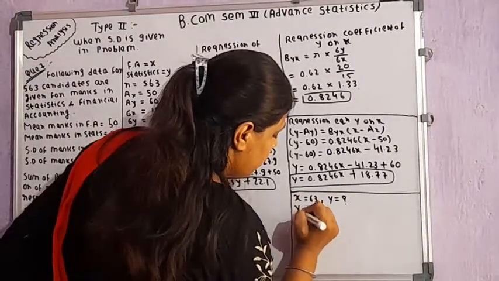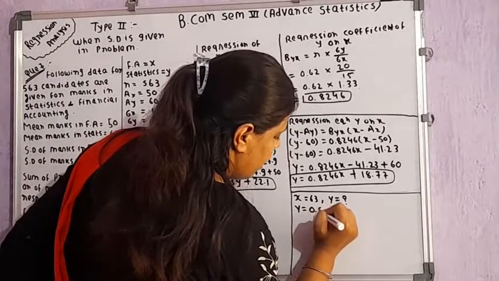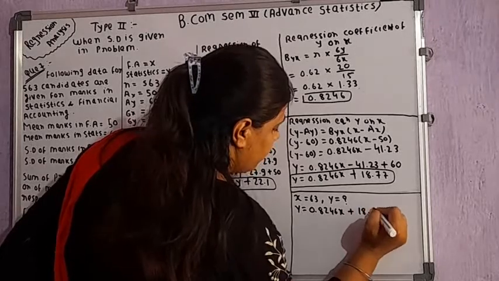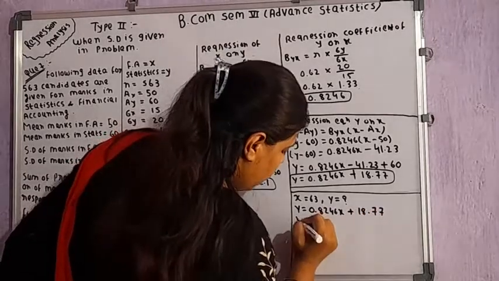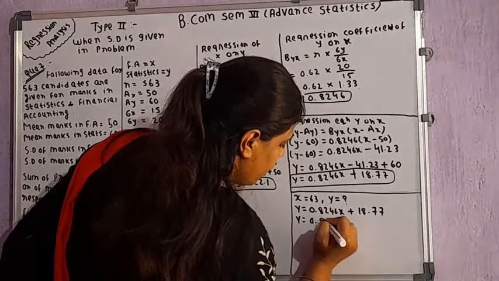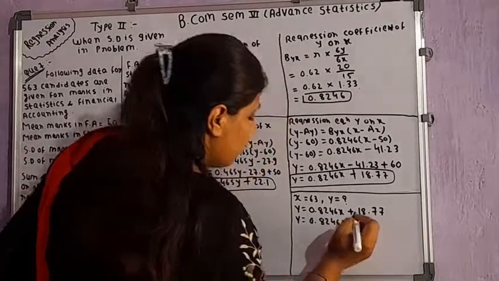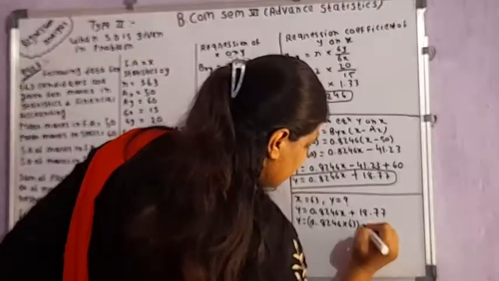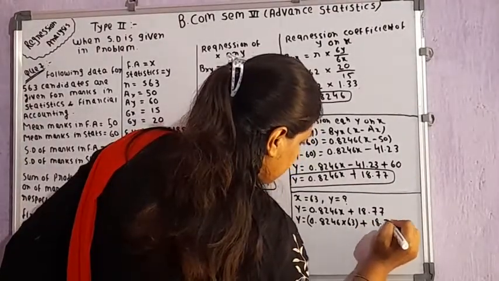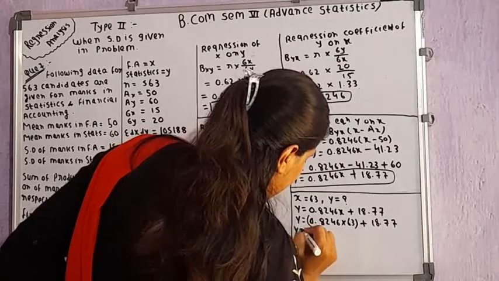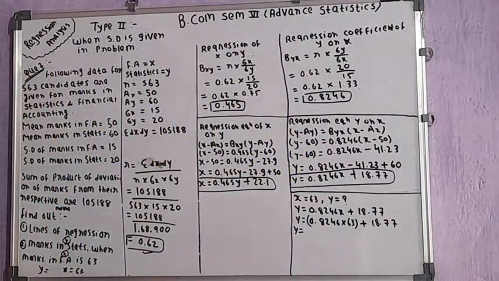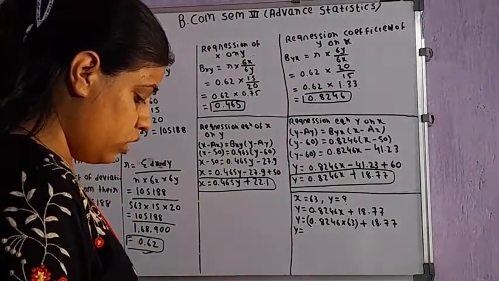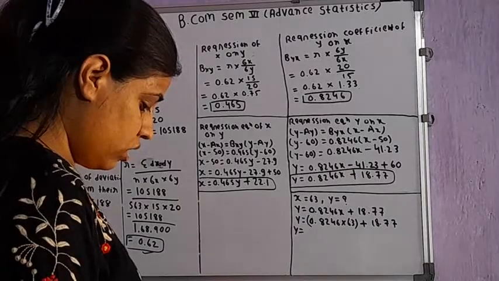So y is equal to 0.8246x plus 18.77. What is the value of x? 63. So instead of x, here we will place 63. Then y is equal to 0.8246 into 63 plus 18.77.